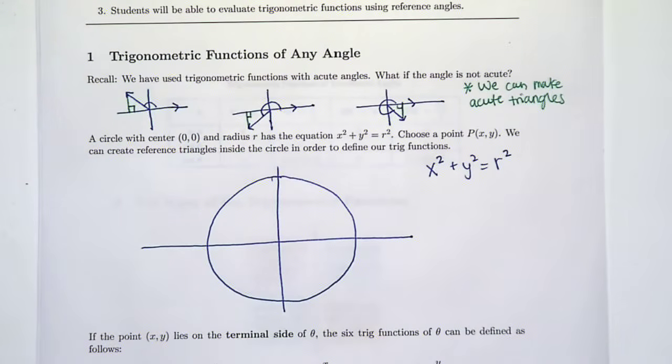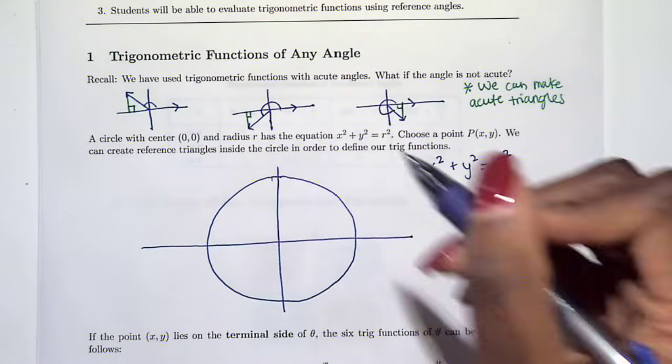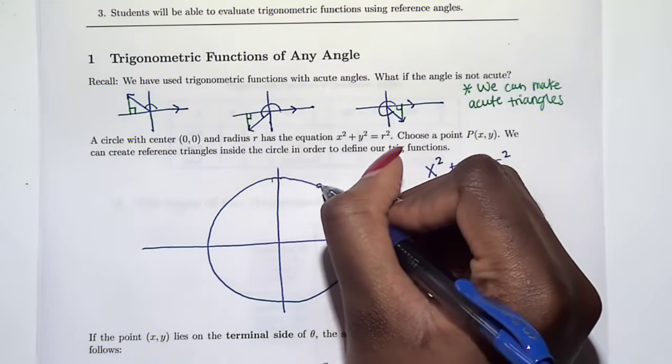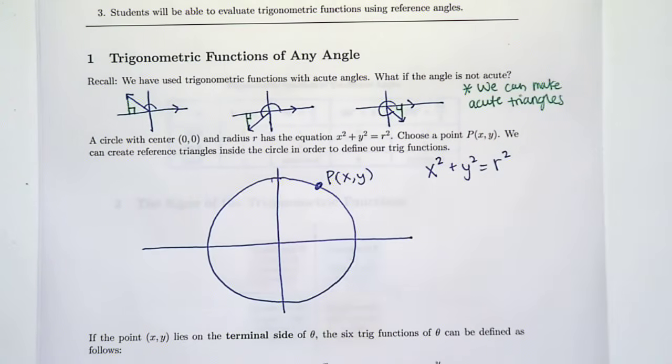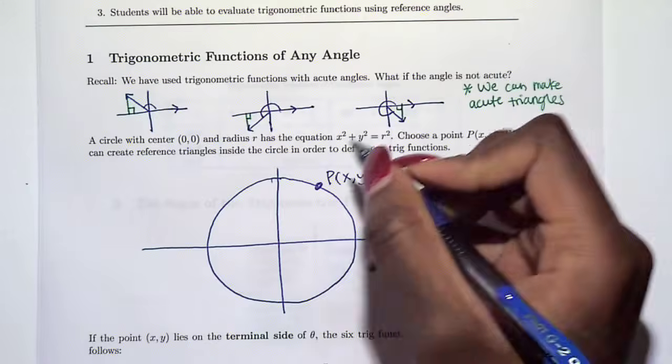All right, so our prompt says we need to choose a point. You can choose it anywhere. I'm just going to choose it over here, x comma y. Here's our point. We can create reference triangles inside of our circle to define our trig functions.